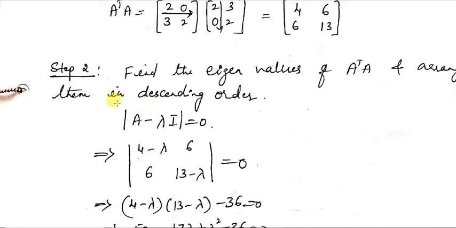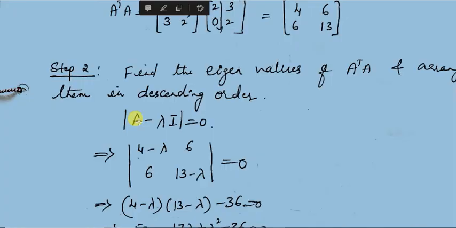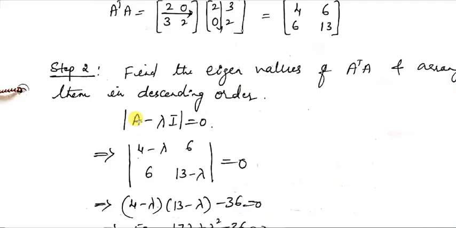So as usual, let the characteristic equation be A transpose A minus lambda I is equal to 0, which gives 4 minus lambda 6, 6, 13 minus lambda is equal to 0.